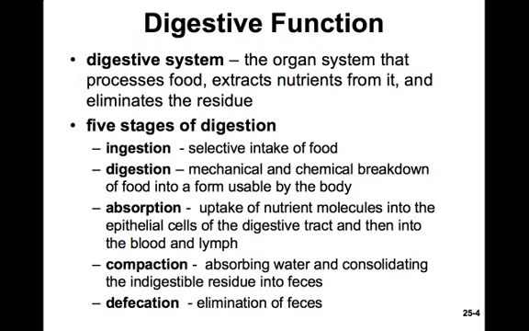They're transported through the epithelial cells and then into the blood and lymph. On the tail end of the 5 stages, we have compaction, which is where we're going to absorb water and consolidate the indigestible residue and produce feces. Finally, the removal of feces is the phase called defecation.